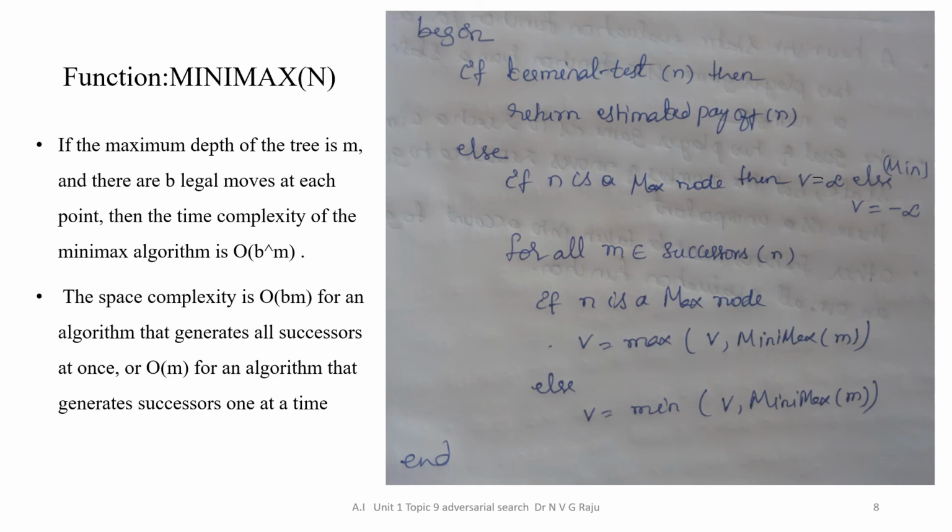Else, if it is a min node, its value is initialized to positive infinity. For all m belonging to successors of n, if n is a max node, then value v equals max of its earlier value v and minimax of m. Else, value v equals min of its earlier value v and minimax at that node m.